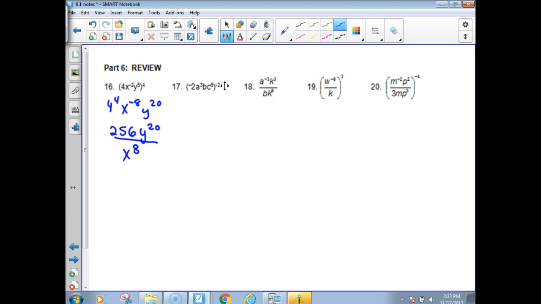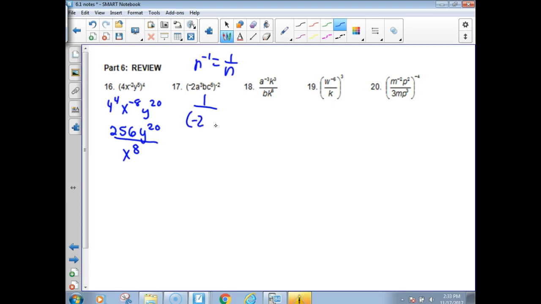The next one, I see a negative outside of the parentheses. So instead of applying it to everything, I'm going to just flip it first. Remember that a negative exponent, n to the negative 1 equals 1 over n. That's the property we used over here. We're going to go ahead and make this into a fraction.